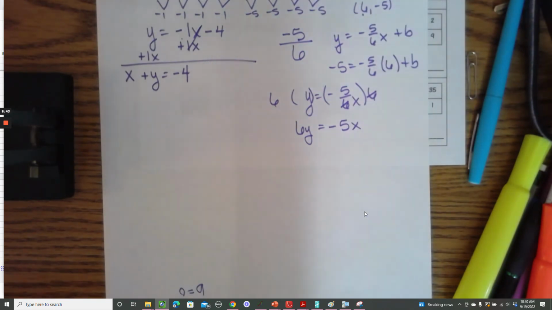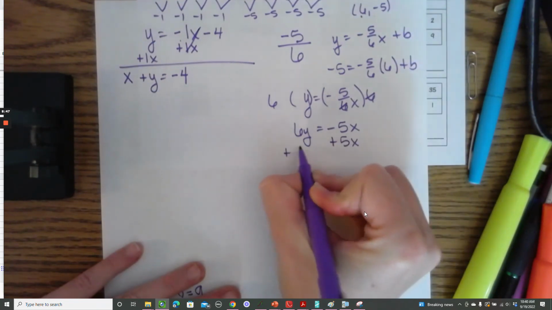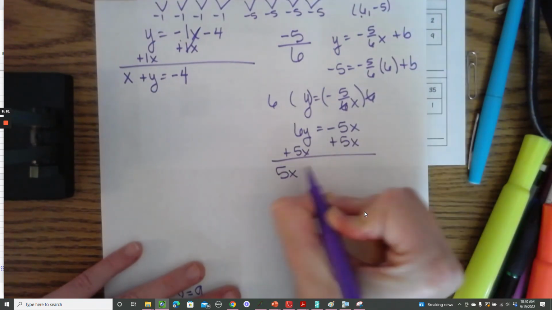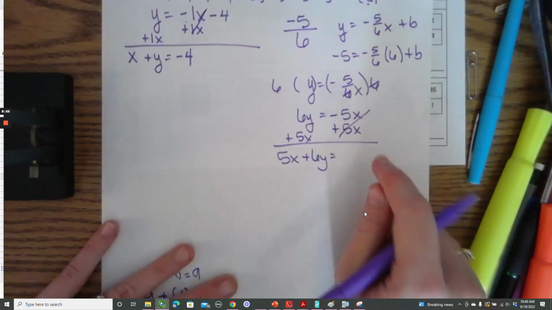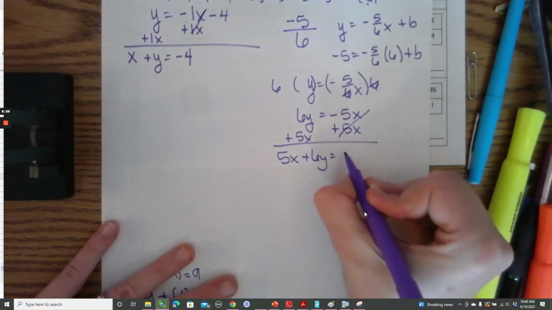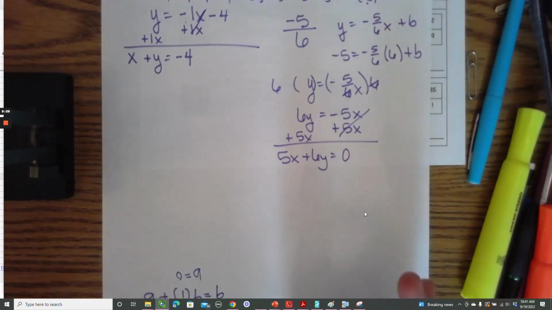If the x is negative, that's who's moving. Plus 5x, plus 5x. Now what happens to this side? Do I just leave this side blank because that canceled out? Put a 0. Yeah, put a 0. You don't want equals and then nothing there. It has to be equal to something. It's equal to 0.